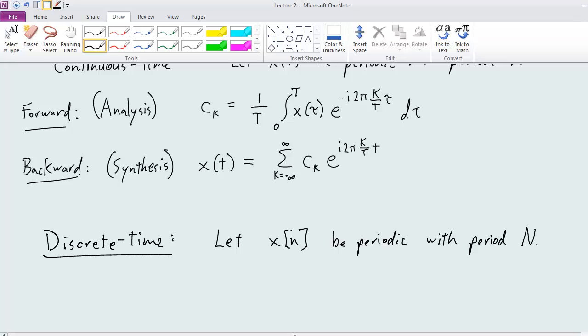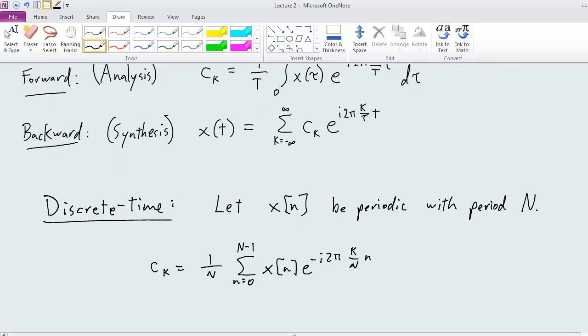And here what we have is c of k equals, it's basically the same thing. x of n e to the negative i 2 pi k over N times little n.